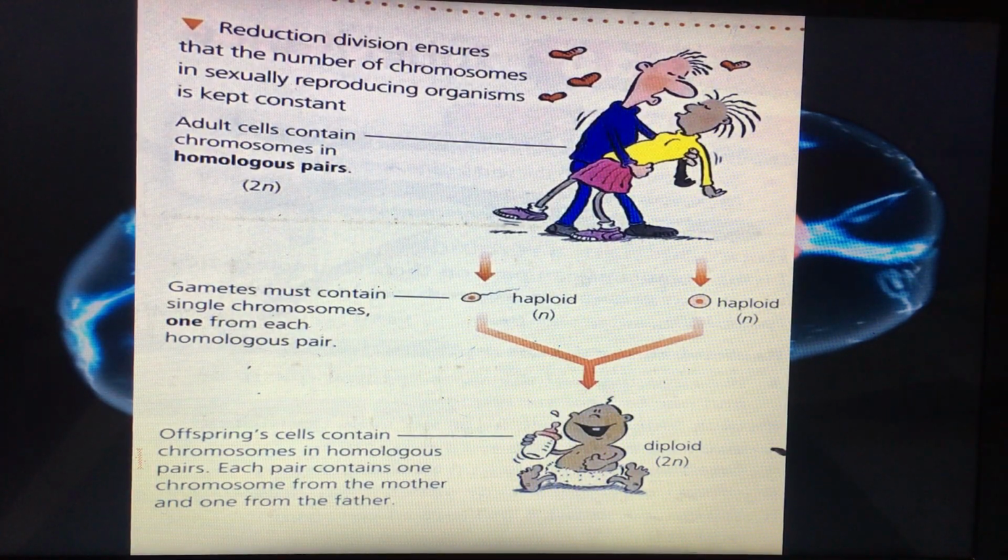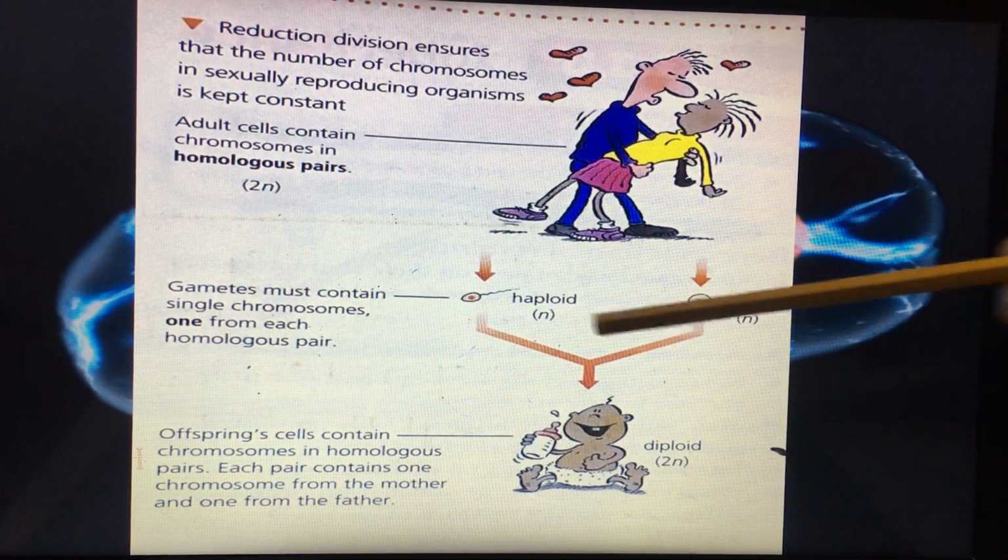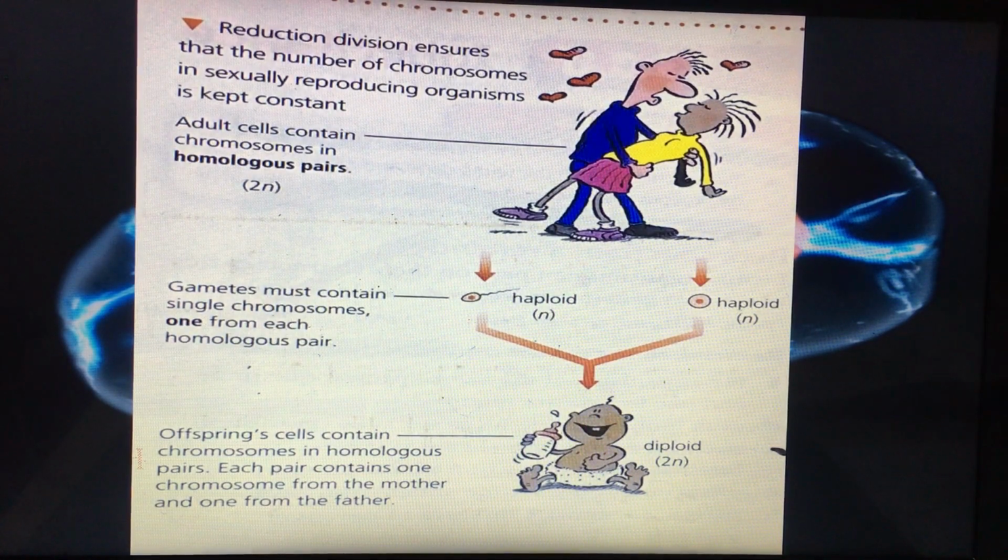So we started with 2 pairs of chromosomes in homologous pairs, and inside the body, the normal cells have the diploid number of chromosomes. But in gametes, we have haploid numbers, which is n here and n in the second gamete.